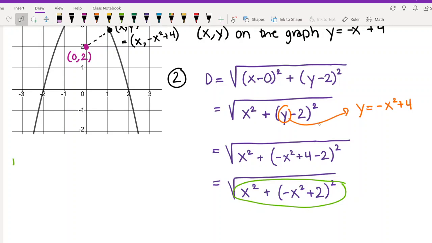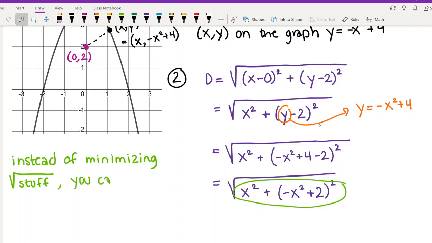So basically, instead of minimizing the square root of something, here we have x squared plus all that stuff, you can just minimize the thing that's underneath the square root.